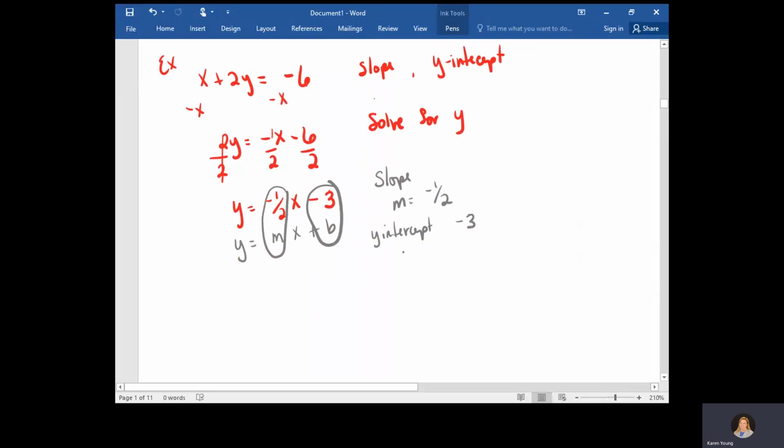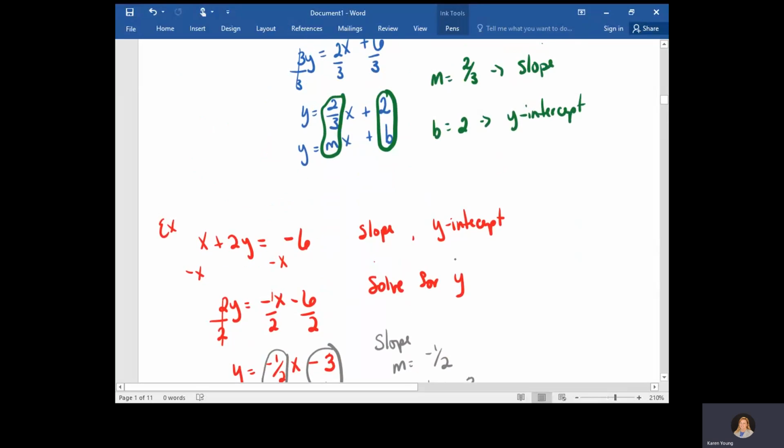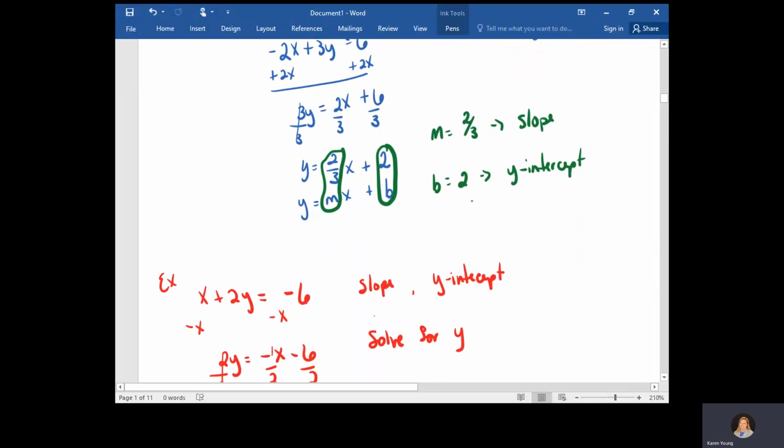Okay. They want the y-intercept written as an ordered pair. So in the y-intercept, x is always 0. If I go back up here to this other one for my y-intercept, it would be 0 and +2.